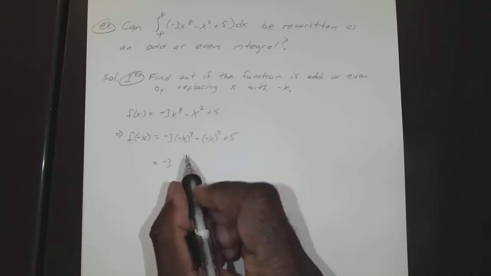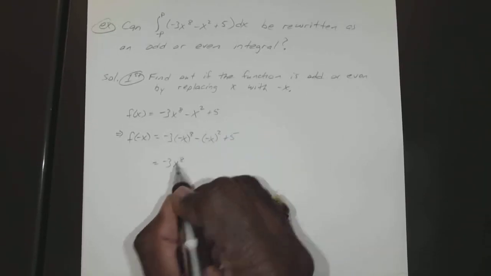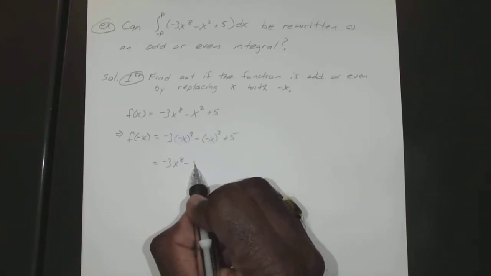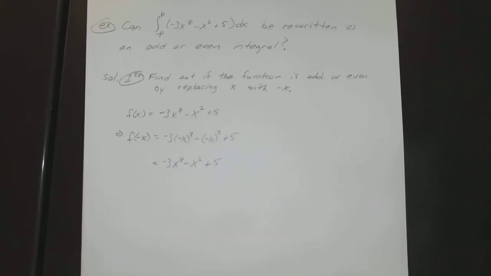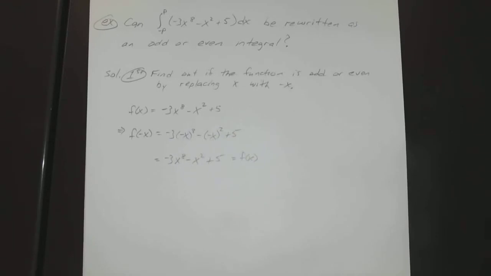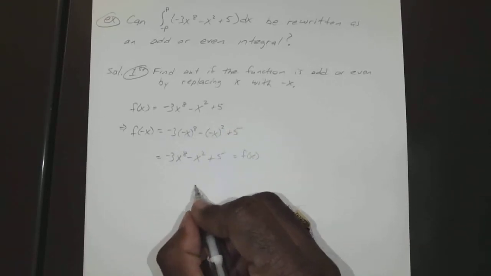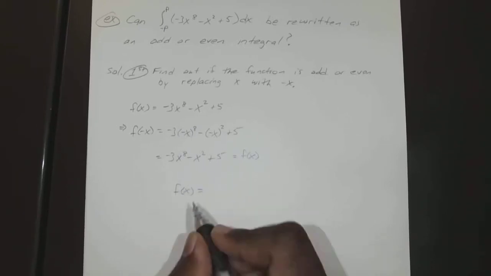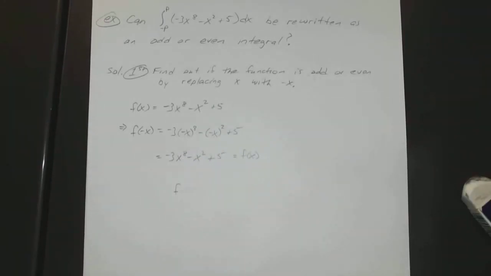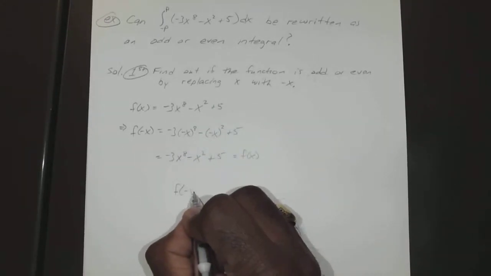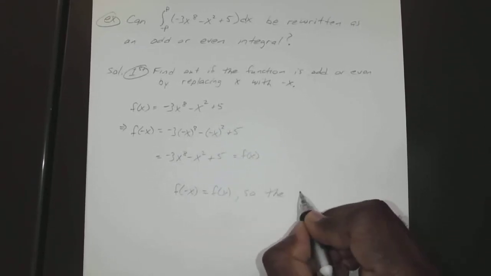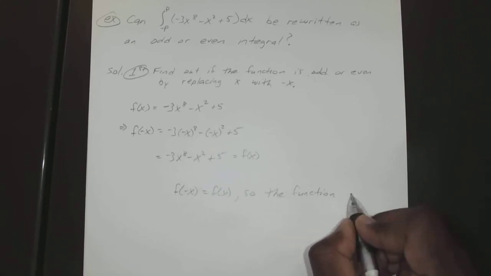That's going to equal negative 3x to the 8th power minus negative x times negative x is just x squared. So you have minus x squared plus 5, which is just our f of x. Okay, so in this case, f of negative x is equal to f of x. So the function is even.